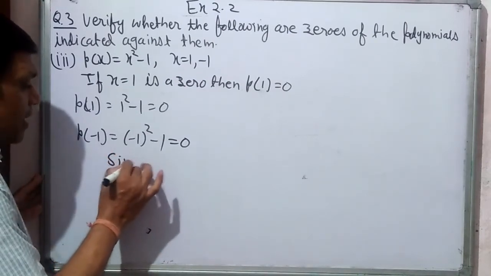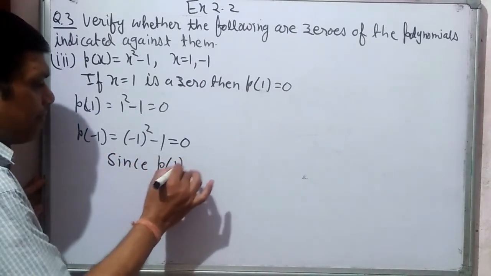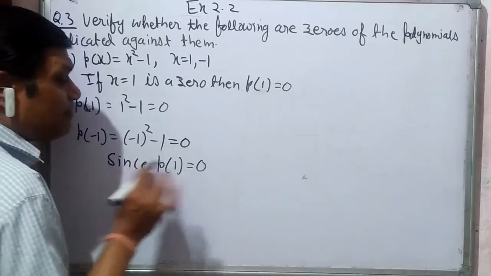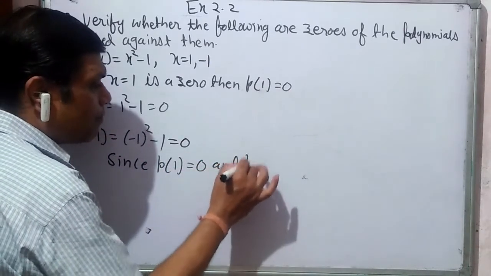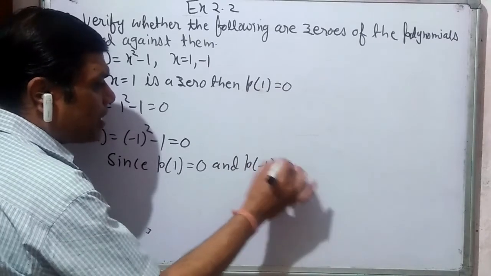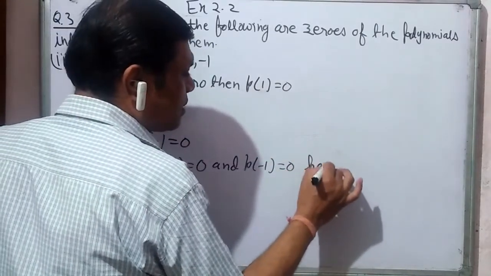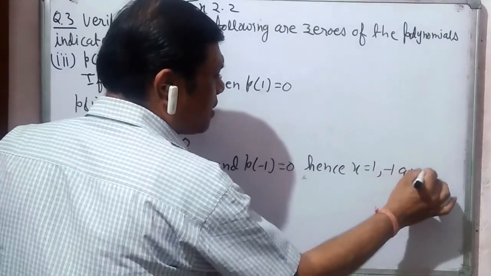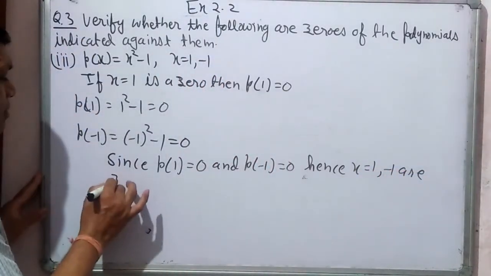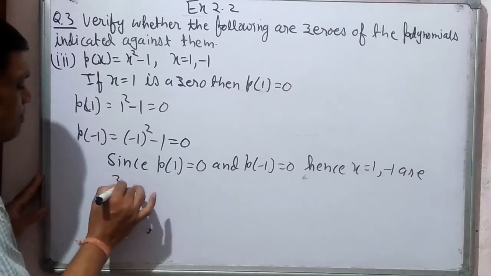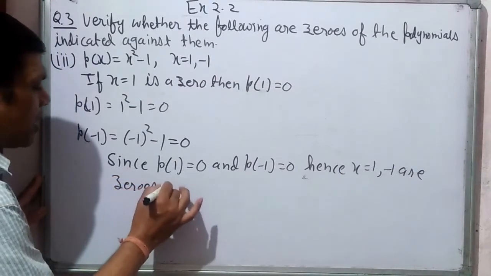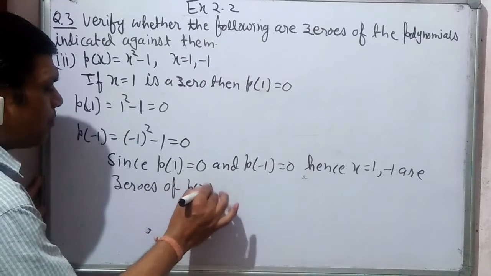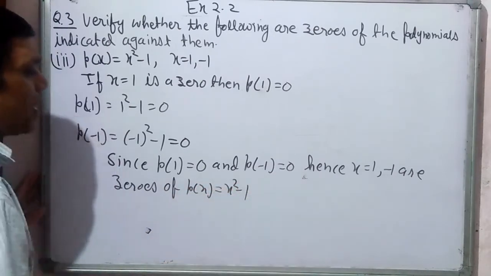So we can say, since p of 1, that is the polynomial's value at 1, is 0 and the polynomial's value at minus 1 is 0, hence x equals 1 and minus 1 both are zeros of the polynomial x square minus 1.